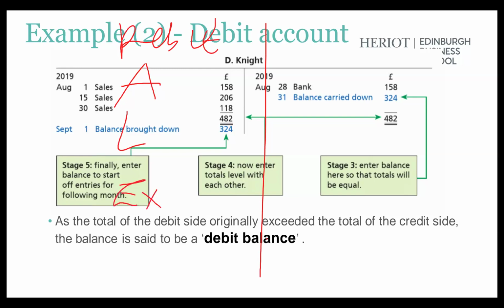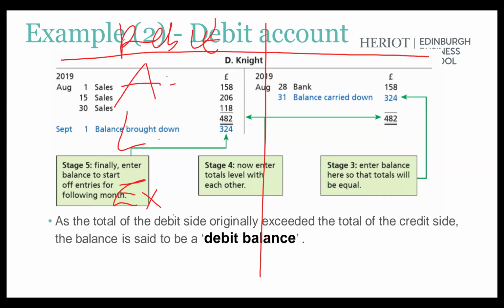For it to be easy for you to remember, I came up with a mnemonic, ALEX. What is ALEX? Number one, assets, losses, and expenses. These are debited. These are the only things that you debit on the trial balance.